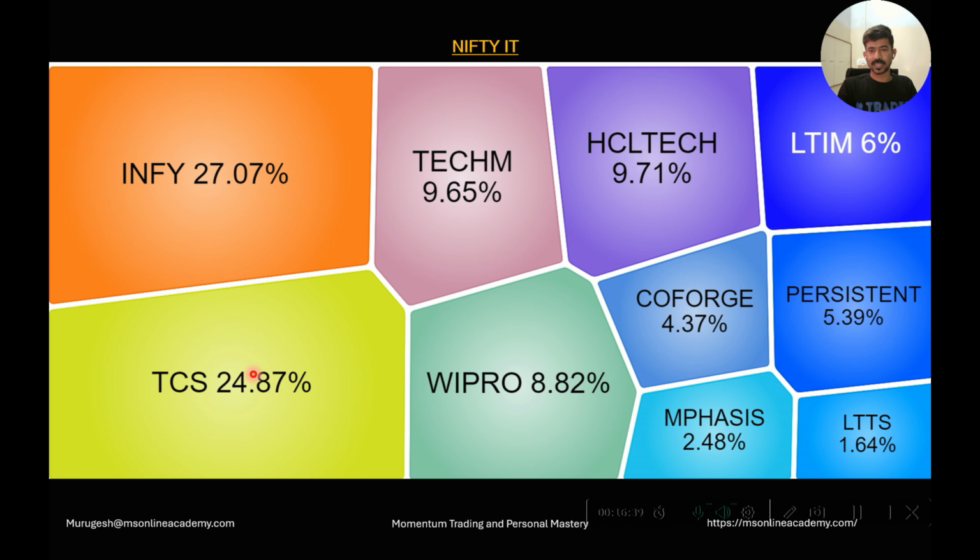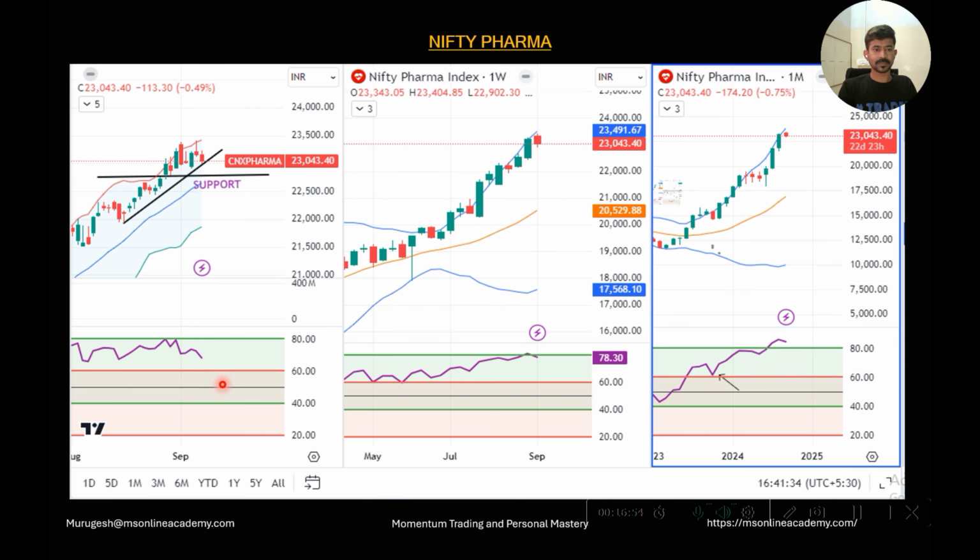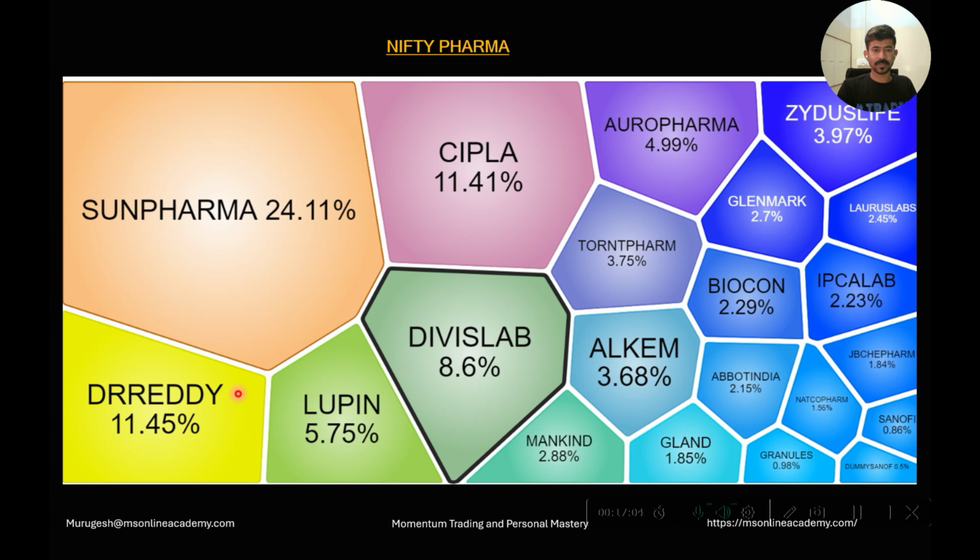These are the stocks from the IT sector. Persistent is the stock we are tracking, and TCS also. But you can check all the stock charts and take your decision. Nifty Pharma. As we find from the statistics, this is a strong sector again. These are the stocks from Nifty Pharma.